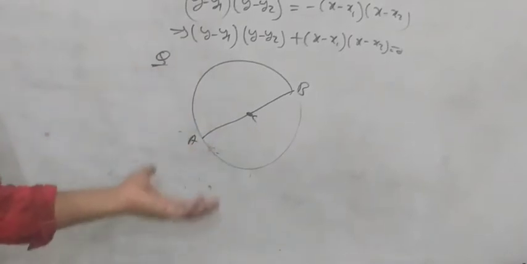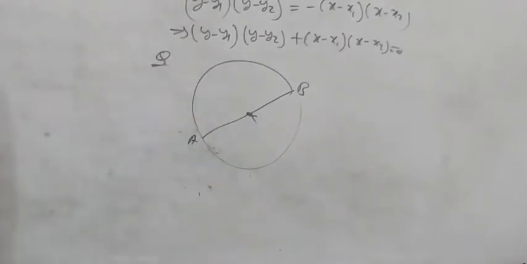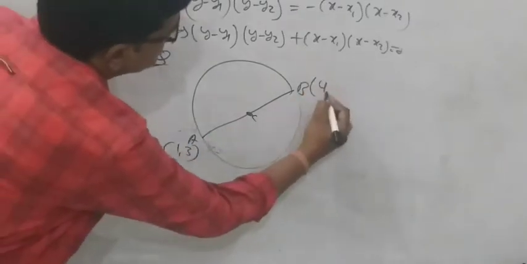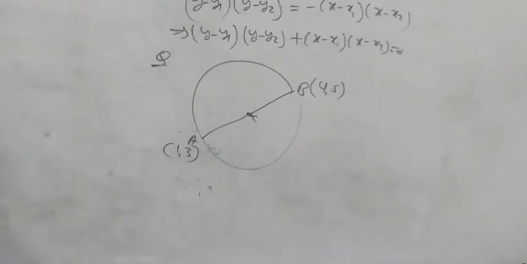AB is the diameter of the circle. The coordinates of A and B are given, (1, 3) and (4, 5), as the opposite ends of the diameter. Find the equation of the circle.